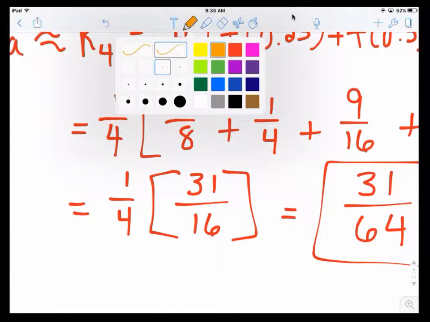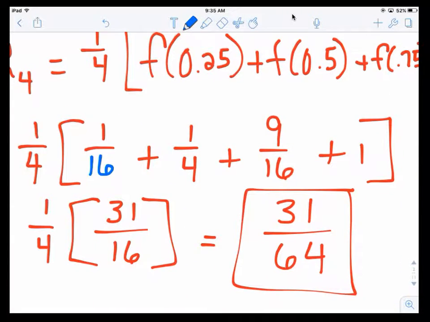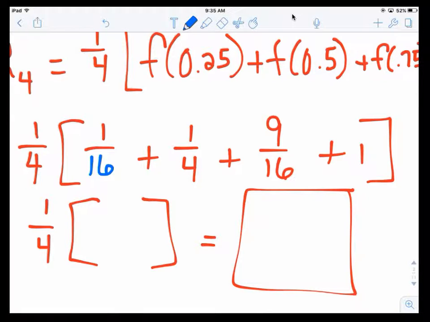That's what happens when you don't pay attention to your multiplication. Multiplied wrong. So that's 16. So that's 10. That's 10.